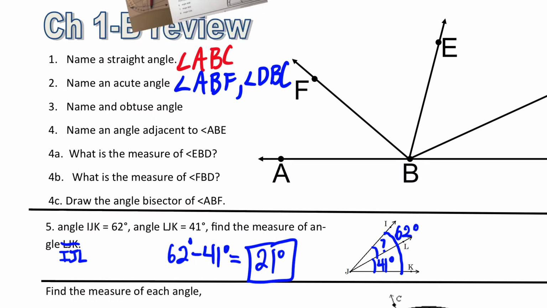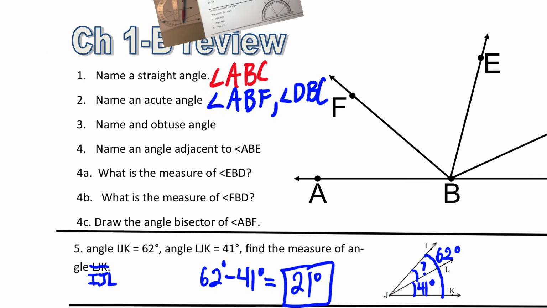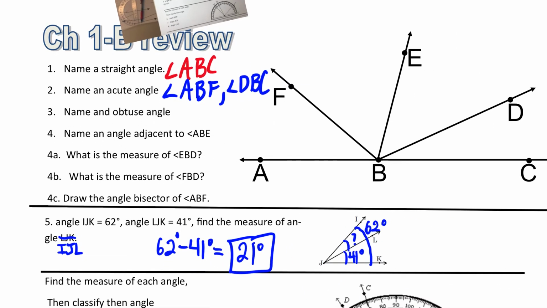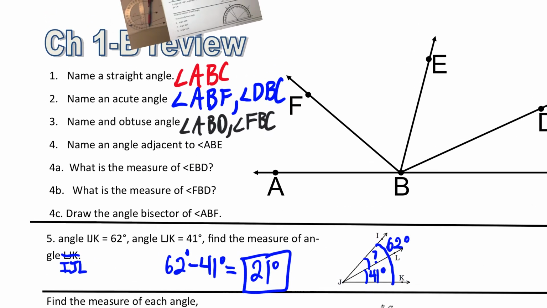All right, so back up here to number 3. Name an obtuse angle. ABD would work. Anybody have anything different? FBC would work also. All right, name an angle that's adjacent to angle ABE. So ABE is this angle right here.